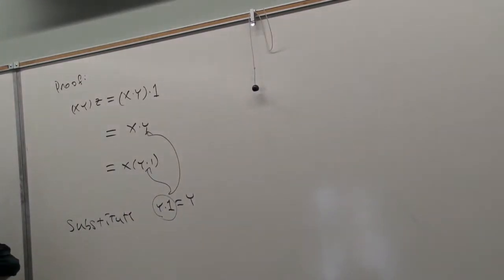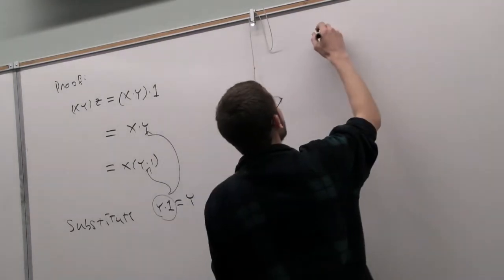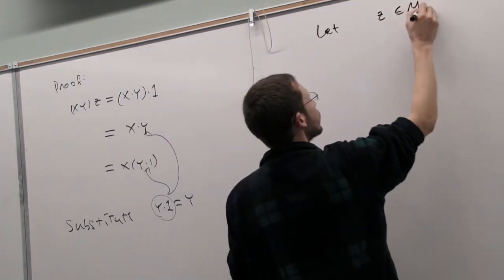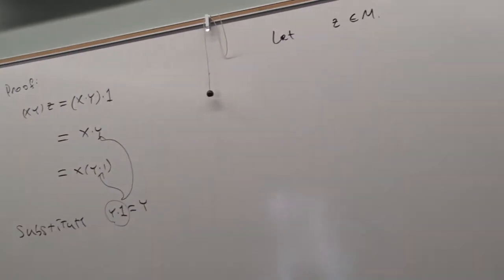It includes the number 1, right? Now what we'll do is we'll say pick up any number from M. And we want to check, is the successor also in M?